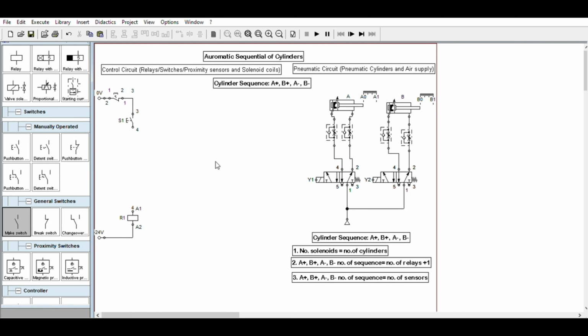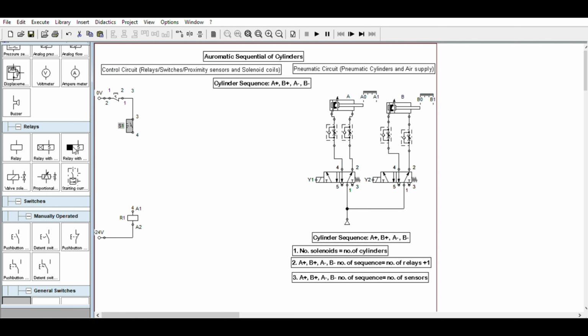Next, how many relays? We have 5 relays because we have 4 sequences there. How many sensors? 4 sensors. This is not considered a sensor; that is a switch to start the operation. So start, stop, basic start-stop control.